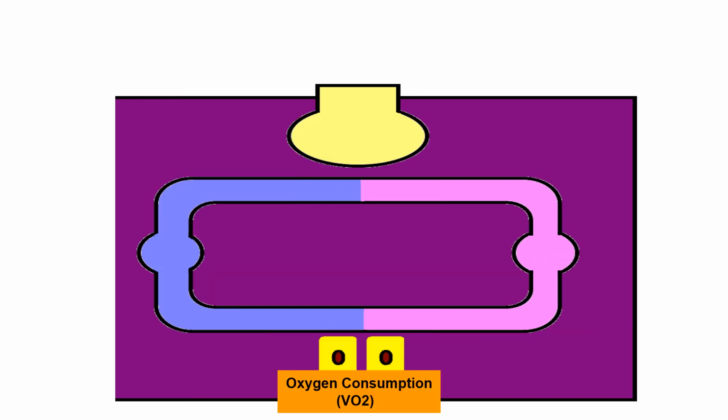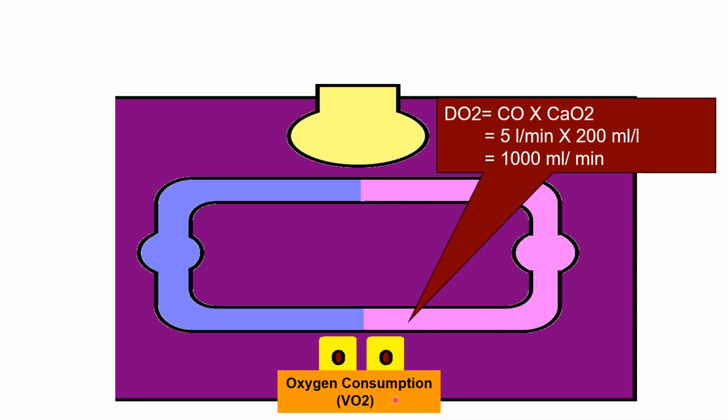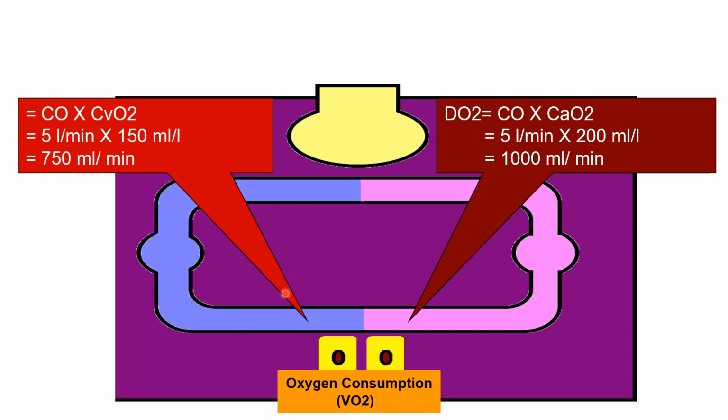Okay, so let's now go to oxygen consumption. If the amount of oxygen delivered to the tissues is 1000 ml per minute, and the amount of oxygen leaving the tissues in the venous blood going into the pulmonary circulation is 750 ml per minute, how much was extracted by the tissues?